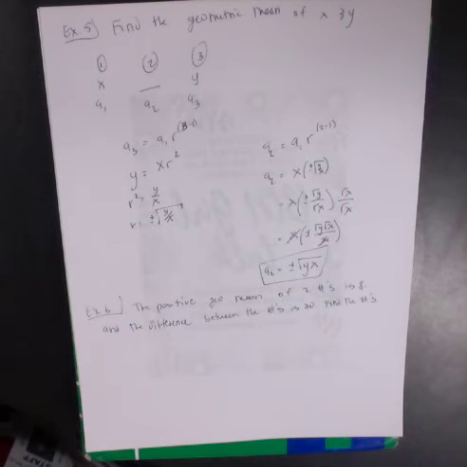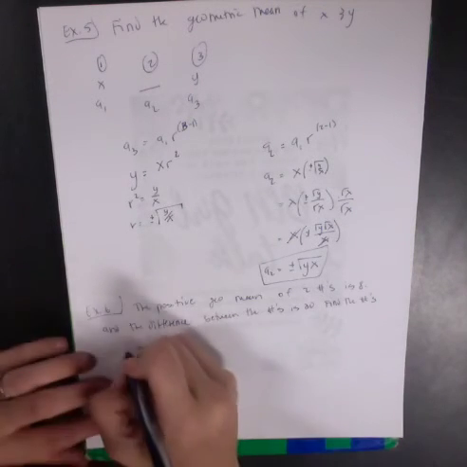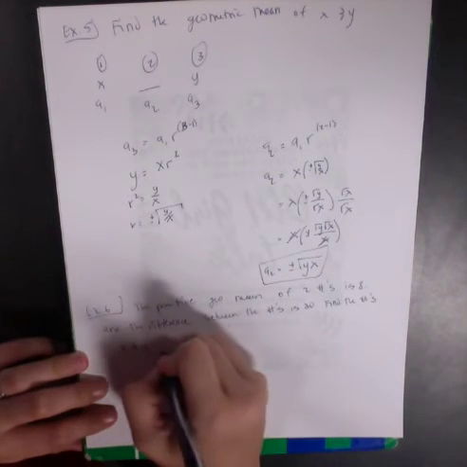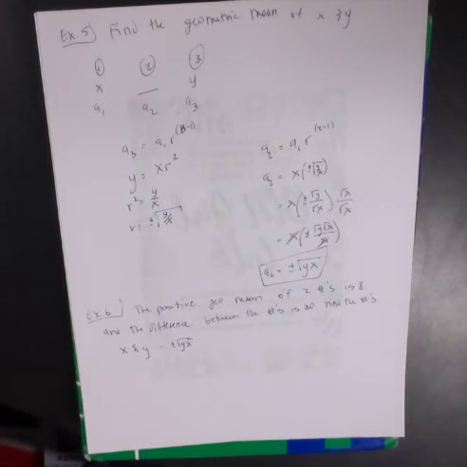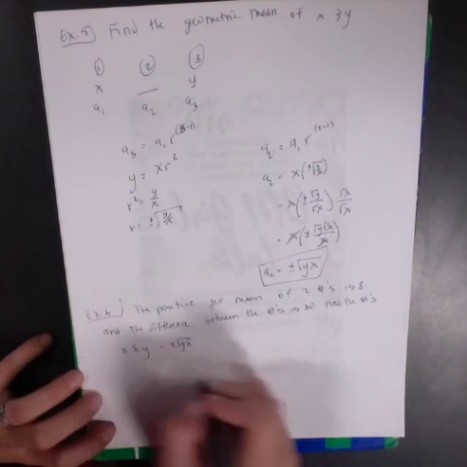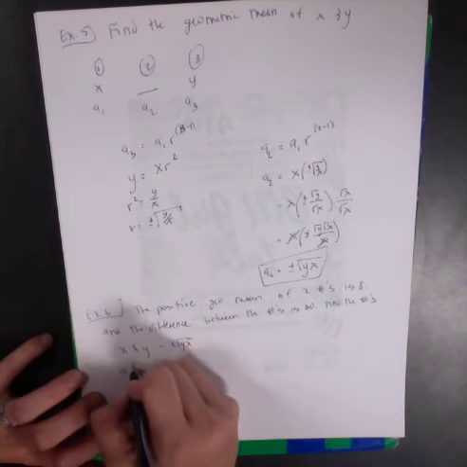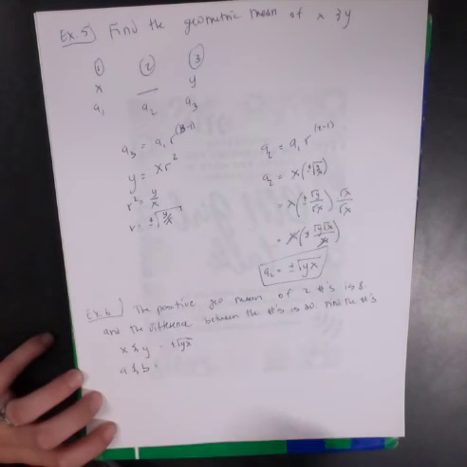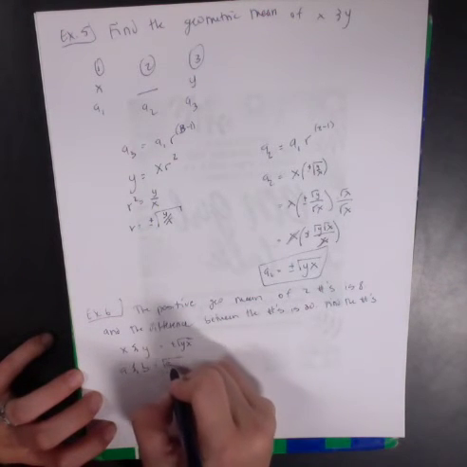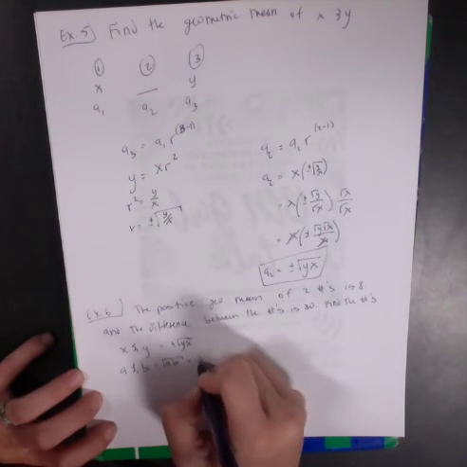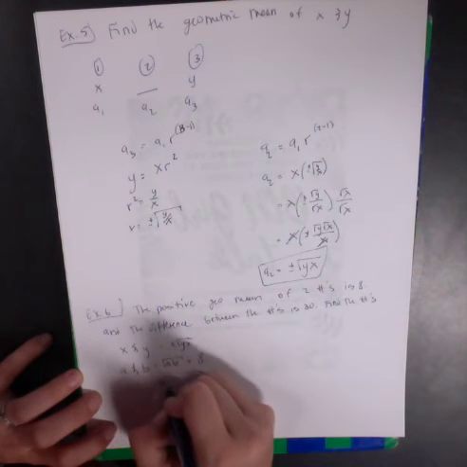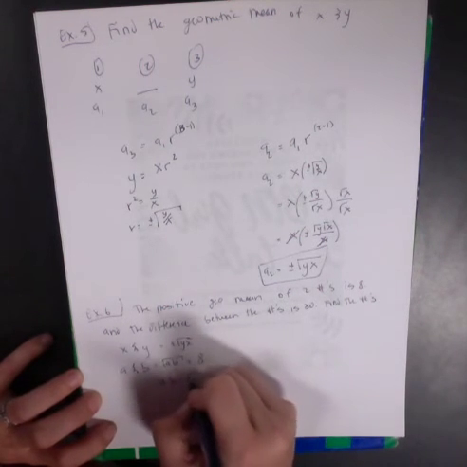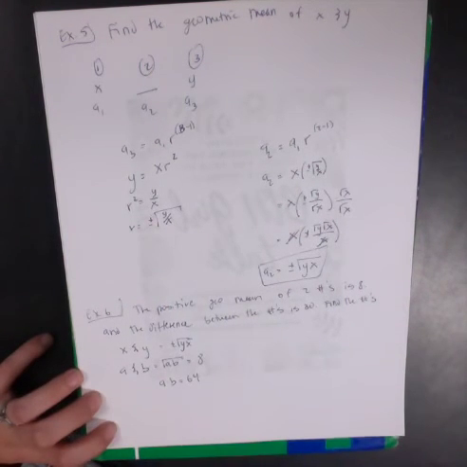The positive geometric mean. Well, we know that the geometric mean of x and y was plus or minus the square root of xy, or yx. So the positive mean of my two numbers, I'm going to call them a and b, is the square root of a times b, and it gives me 8. Which means my two numbers, a times b, equals 64.